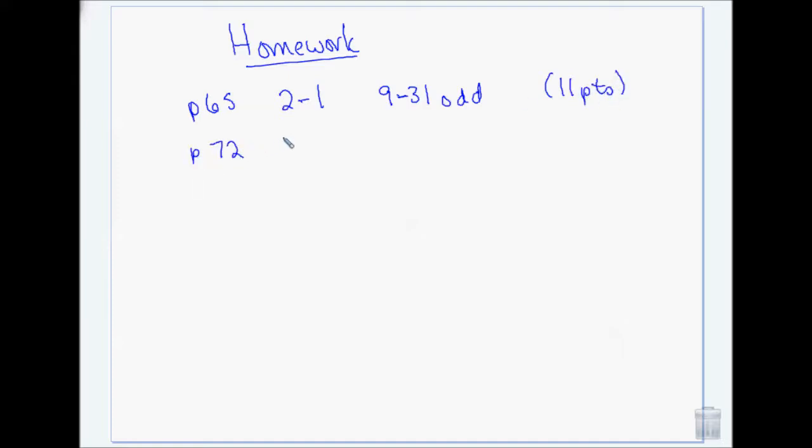Or page 72, which is 2-2, 17 through 43 odd, and that's for 13 points.